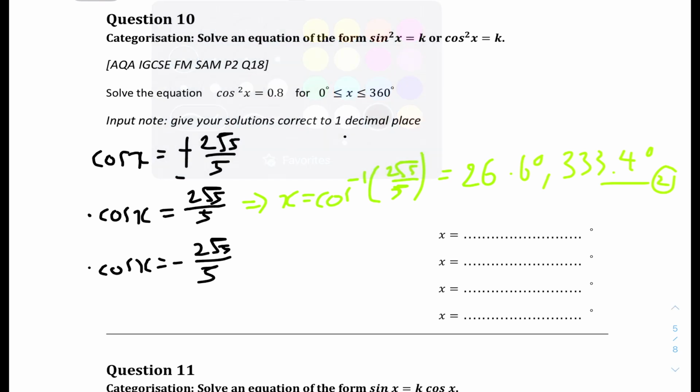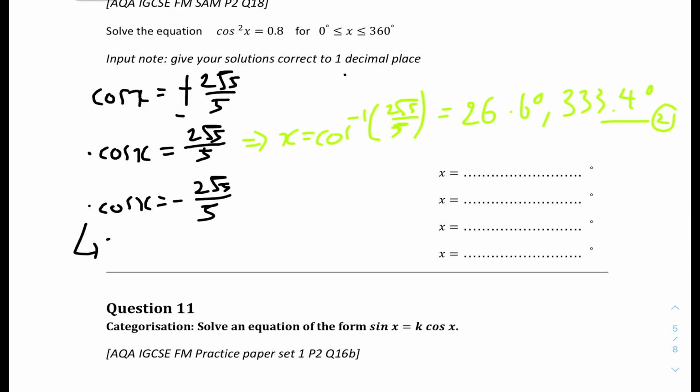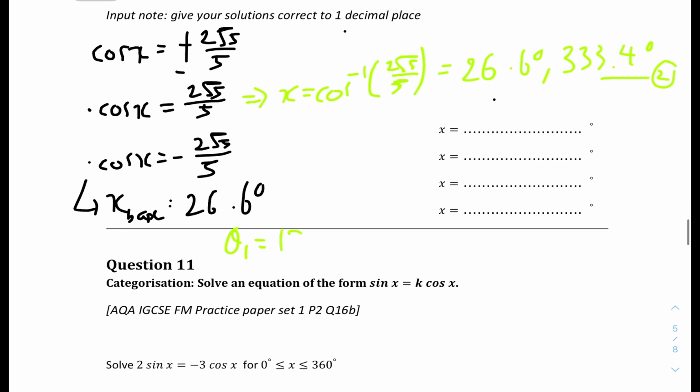And for the negative, you have to get a base answer: x base equals cos inverse of 2 root 5 over 5, which is the answer right here, 26.6 degrees. So to get the two answers from a negative trigonometric equation, the first answer will be 180 degrees plus the base, and the second answer is 180 degrees minus the base.